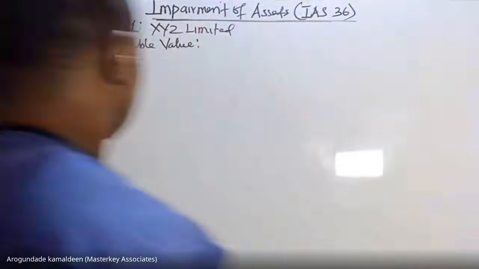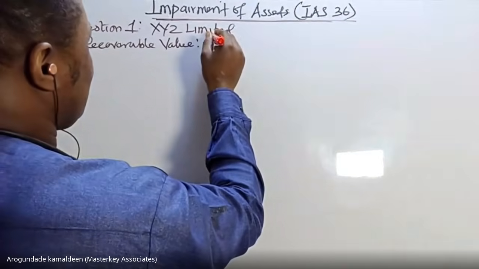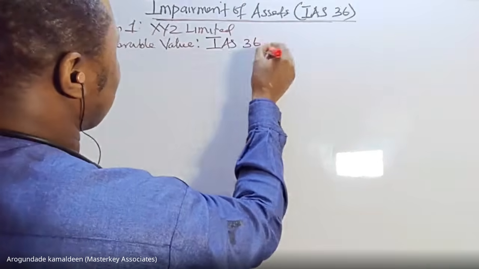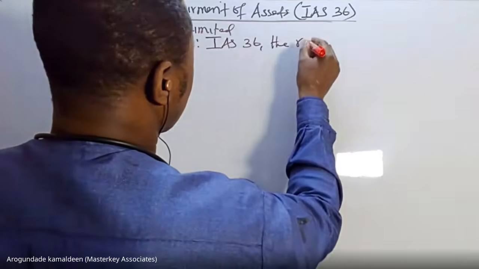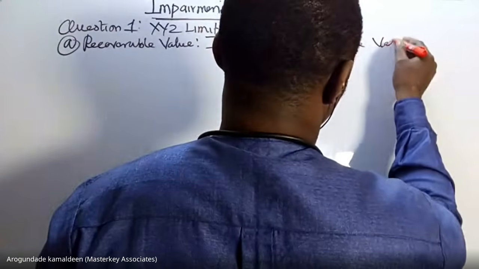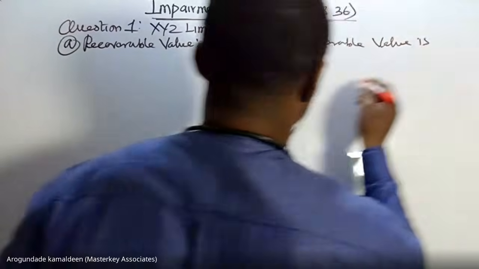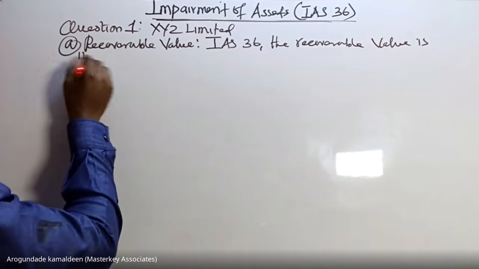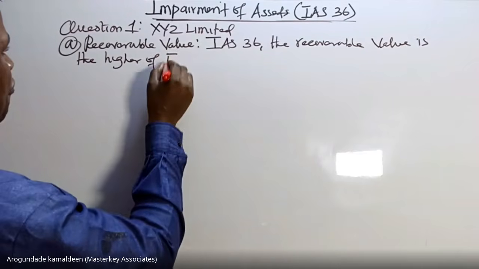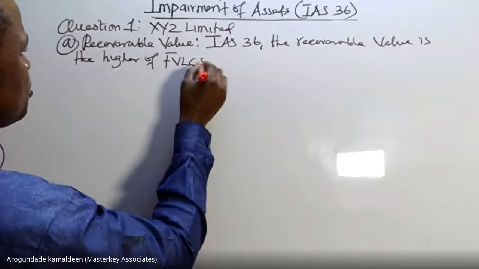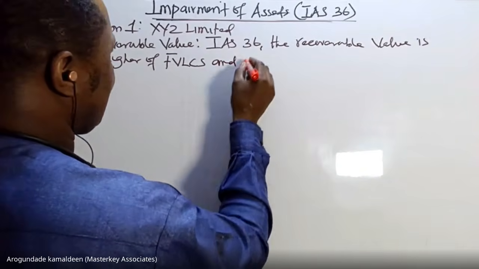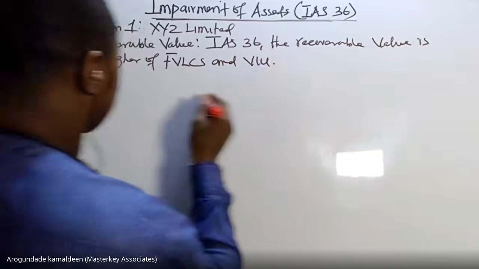So, IAS 36, the recoverable value is the higher of the fair value less cost to sell and value in use.